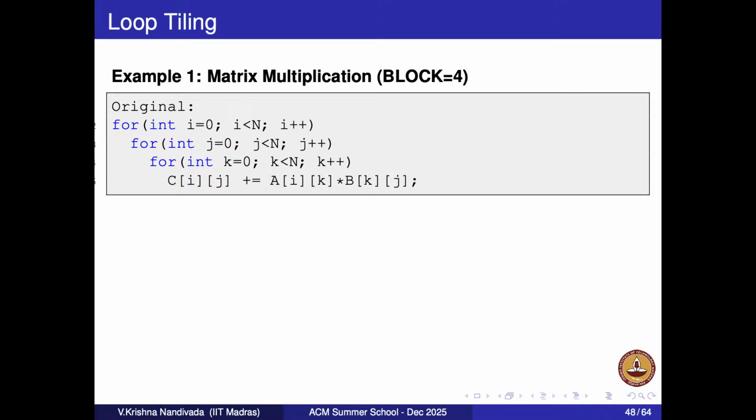I want to multiply this with this, this with this, right? So I finish one row with one column, then I start. How many elements would have been brought from memory after the first element was brought, before its reuse? This n minus 1 elements would have been brought, and then these n elements.